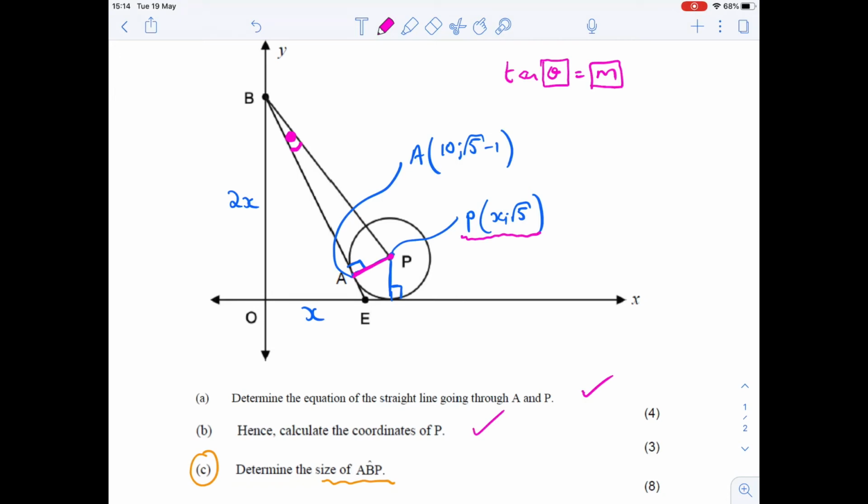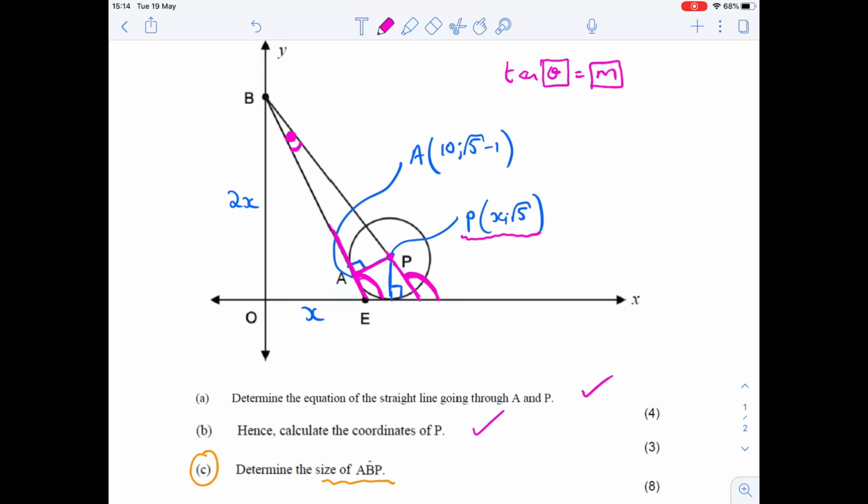In the big picture, if we've got the equation of this line here, or the gradient of that line, I can find that angle there. And that angle there is going to be very useful, because if I can now somehow find this angle here, can you see what's happening?